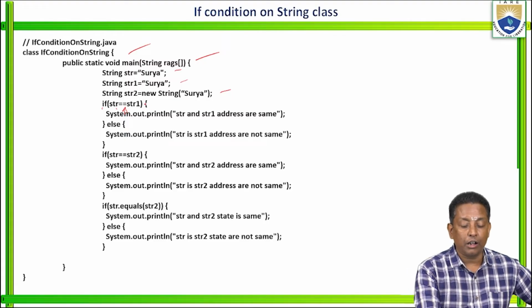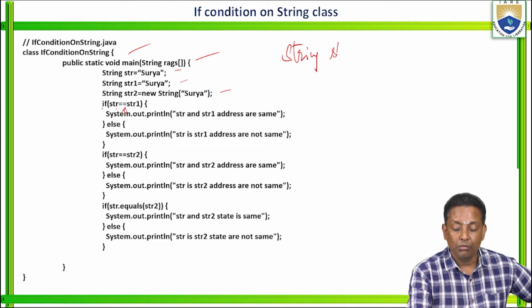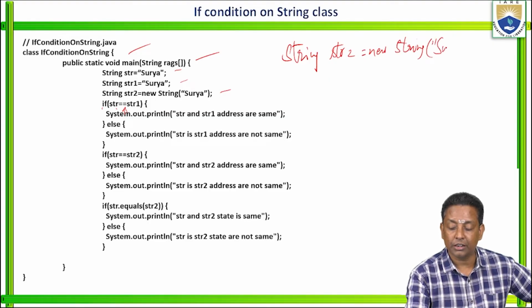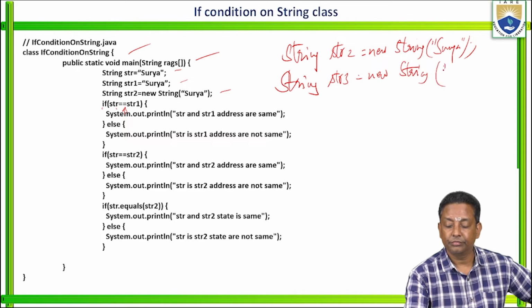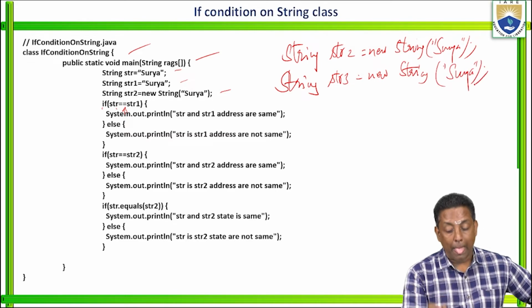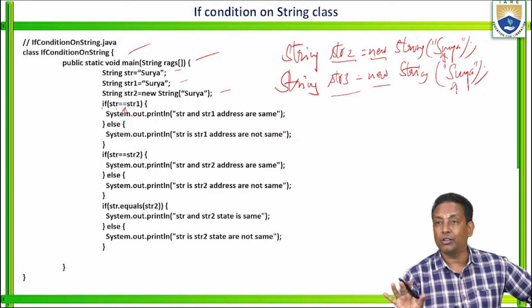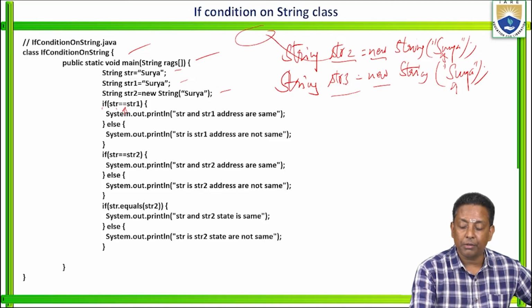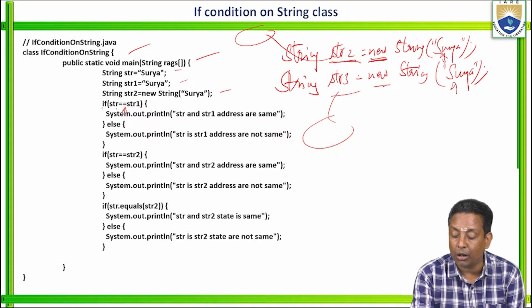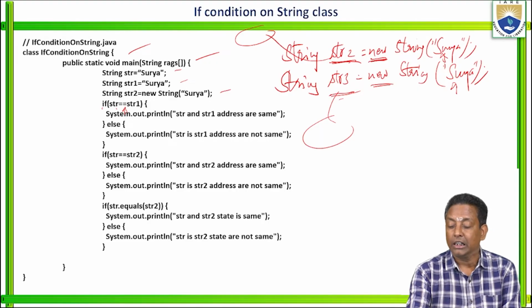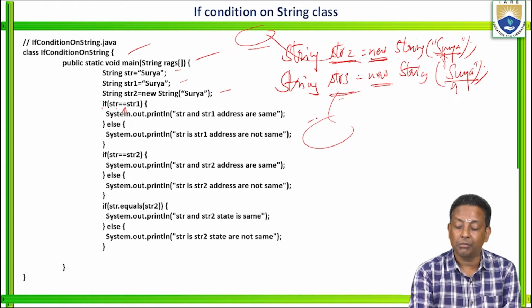Remember, in Java, if you create two string objects, string str2 is equal to new String("Surya") with a capital S, and you write one more statement, string str3 is equal to new String("Surya"), even though their state and value are the same, two separate memories will be allocated because we use the new operator.